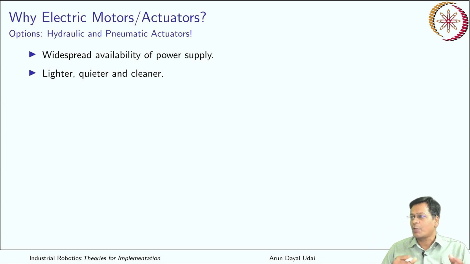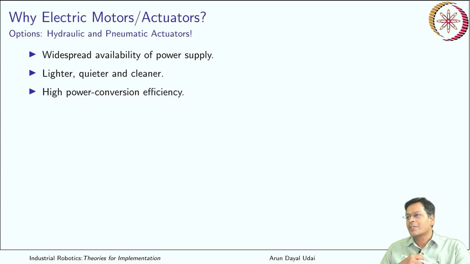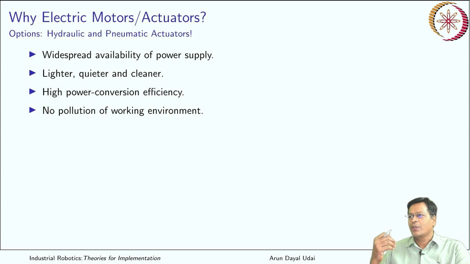At the site, a thermal power station does generate smoke and all, but that is at the power plant, not at the site. It also has a very high conversion efficiency compared to pneumatic or hydraulic, so you don't waste energy. Quite a lot of it is actually converted to the power that you see at its shaft. So there is no pollution in the working environment where you are, right?